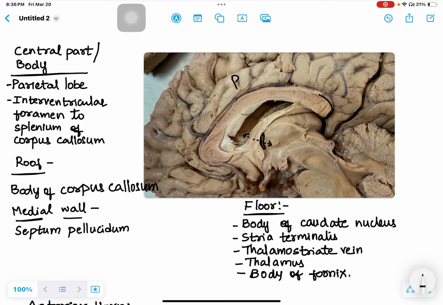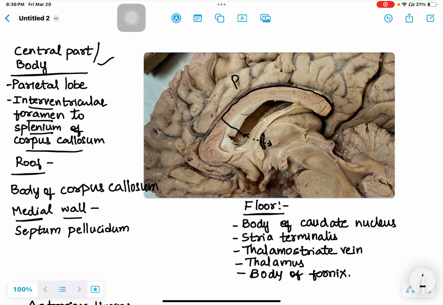This part is called the splenium of the corpus callosum. From this part to this part, the splenium of the corpus callosum. So this is the central part or body of the lateral ventricle. It is seen in the parietal lobe, and extends from the interventricular foramen anteriorly to the splenium of the corpus callosum posteriorly.